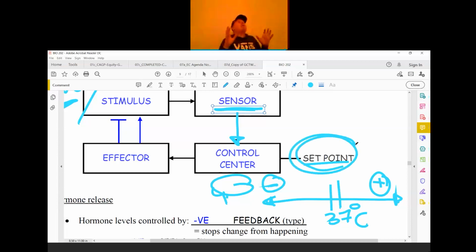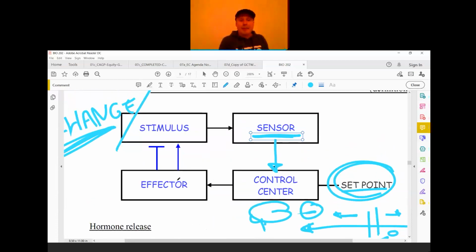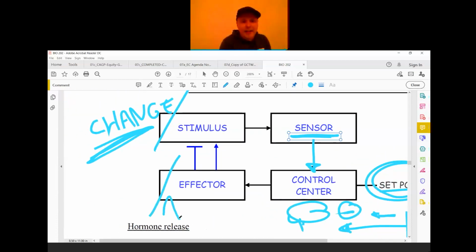Set point is almost like an AC unit on the house and the box in the wall where you adjust how cold or how hot it can get. That's the set point. If we deviate from this set point in either direction, the brain tells us we need to act. That's some sort of an effect, a response to this change.